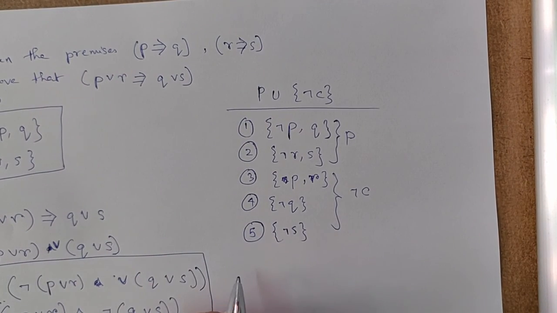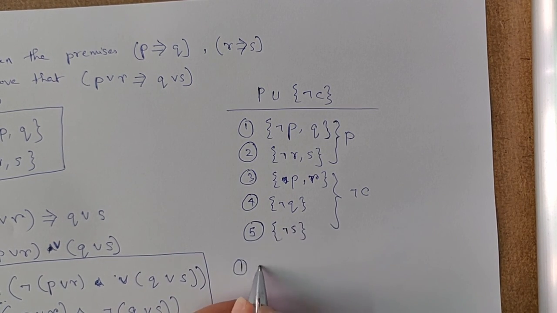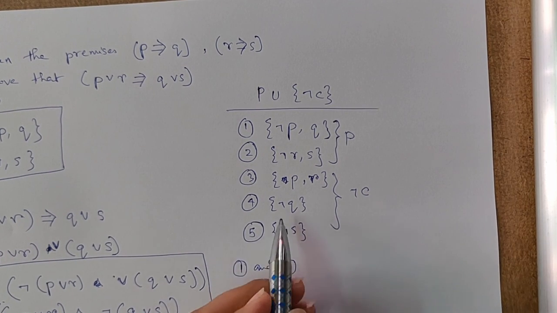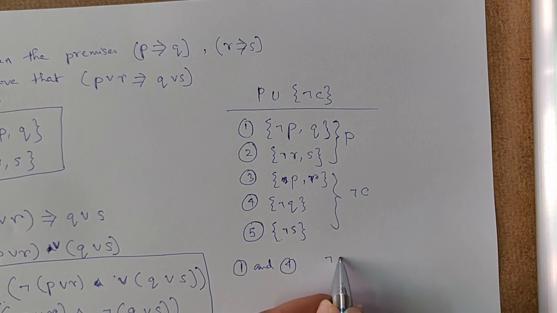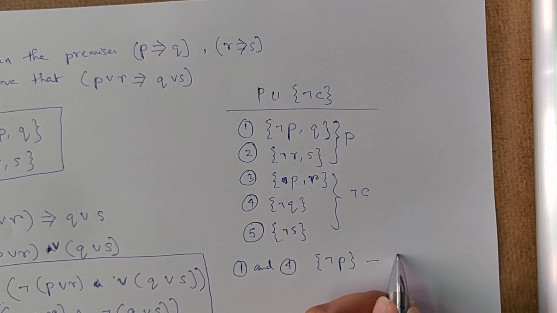First, let us resolve between 1 and 4. What will that give me? Not P. This is my sixth sentence.